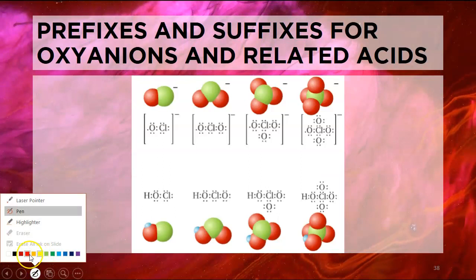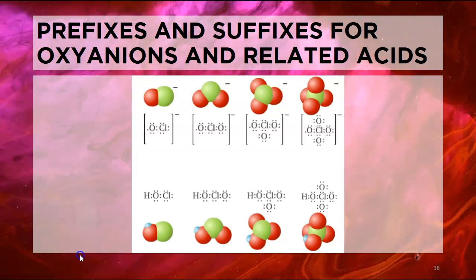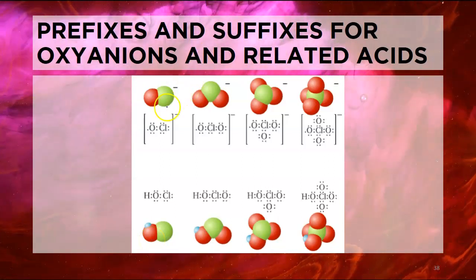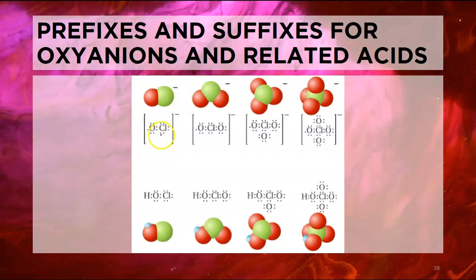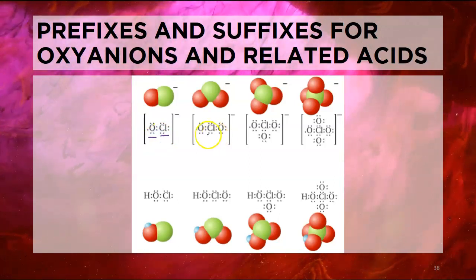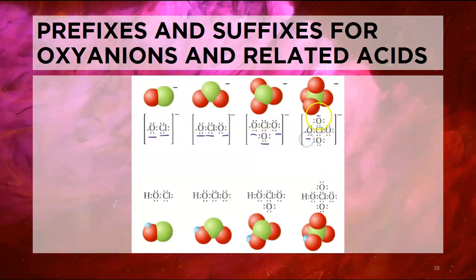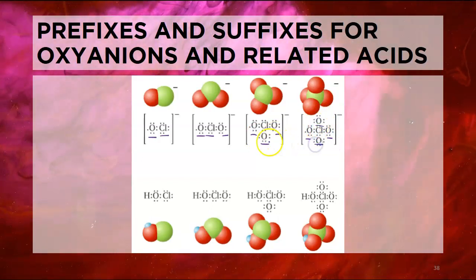Lastly, I just want to show you how the naming works with a polyatomic ion we've looked at before. If you remember, with chlorine, we can have 1 oxygen attached, 2 oxygens attached, 3 oxygens attached, or 4 oxygens attached.